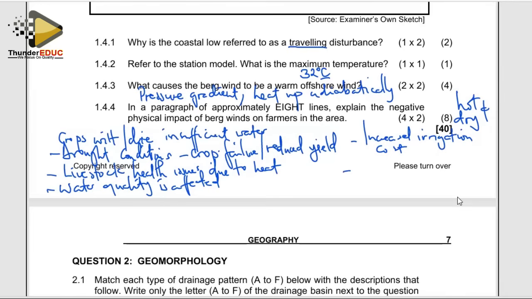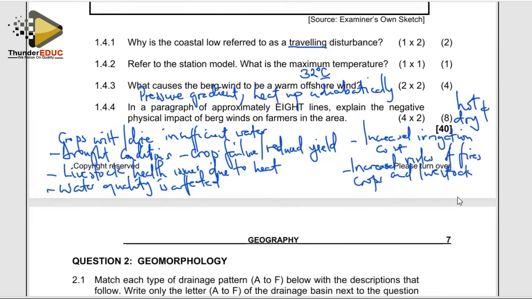And also it increases risk of fires. And understand those fires, they damage both crops and livestock.